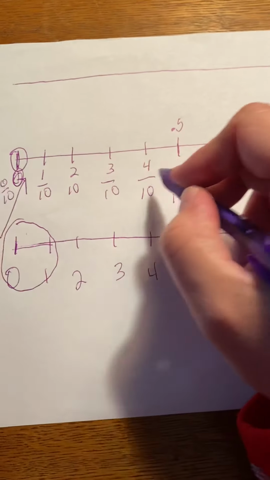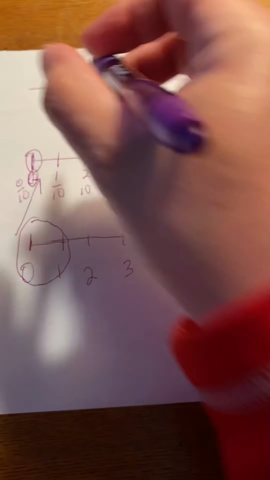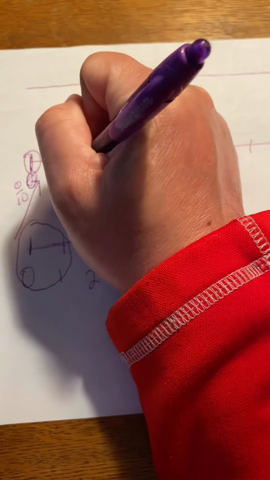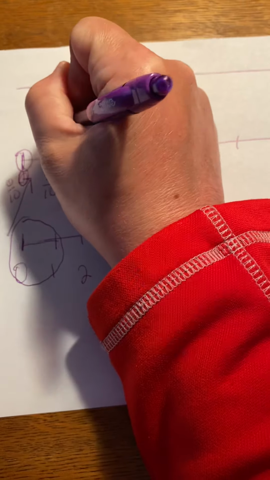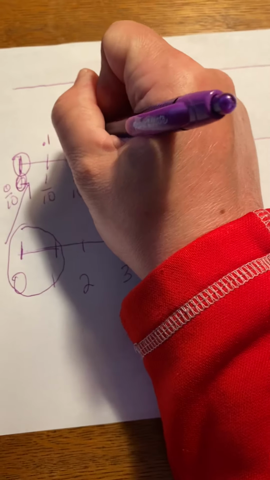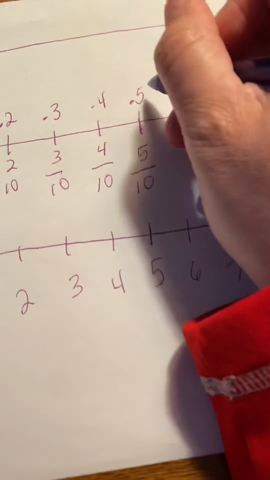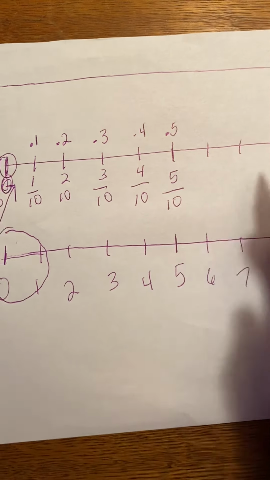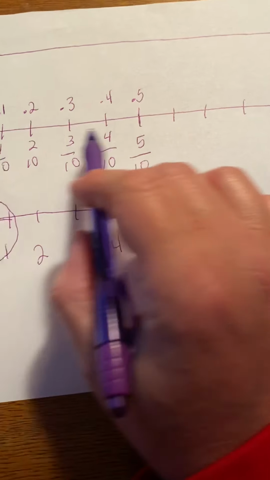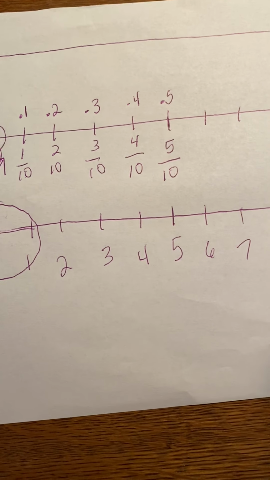So there's my fractions, and if I want to name those fractions as decimals, how do I say it? 1 tenth. I know there's one number after the decimal in tenths, so that's 0.1, 0.2, 0.3, 0.4, and I already did 0.5, okay? So just like our whole numbers, I'm just breaking them up into 10 individual parts, okay?